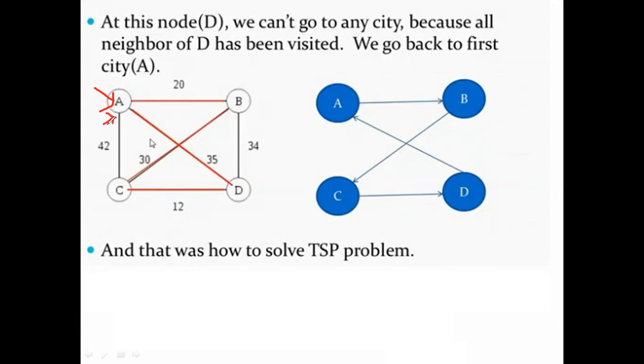Okay, for that you have to find out the minimum cost. So how can you know that minimum cost? Started from A. Okay, so there are three ways: one is reach C, one is reach B, one is reach D. These are the three ways.